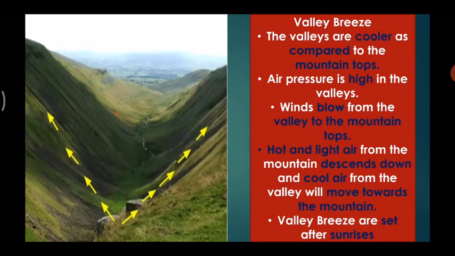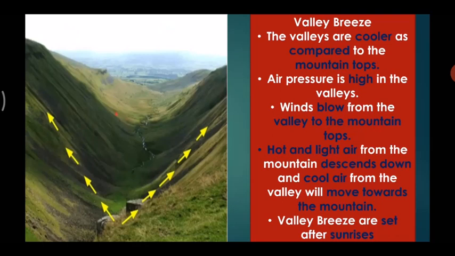So hot and light air from the mountains, what happens to the air over there at the top of the mountains? The air will get heated because the sun rays are falling over there, right? So the air will get heated. It will become lighter.